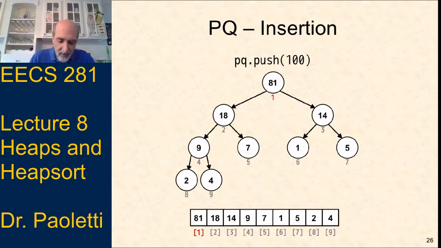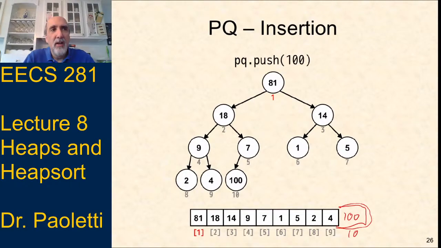We say, hey, add a new element out here with 100 in it. Really the tree is just a way to view what's happening with the vector. What happens in the tree is that 7 gets a new left child that it didn't have before. So index 10 gets the value 100.